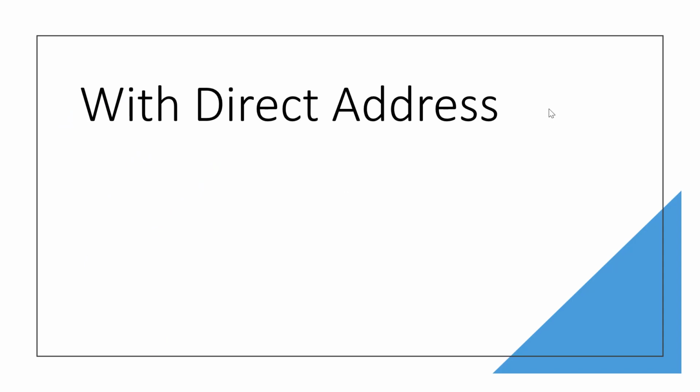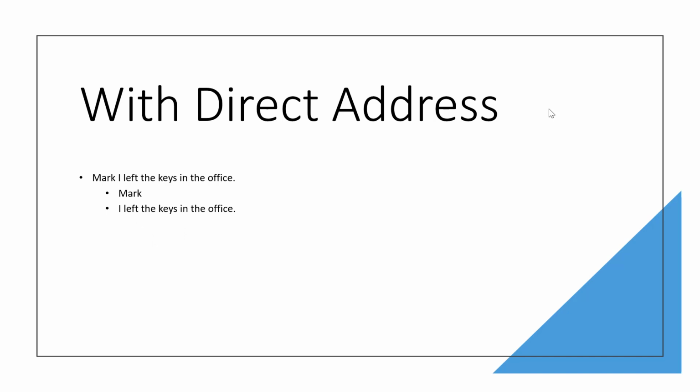Commas can also be used with direct address. So what is direct address? Here in this first example, we have Mark, I left the keys in the office. Mark is the individual to whom I am trying to speak or to make a point to. So his name is what I'm referring to with direct address. I left the keys in the office is a complete sentence.